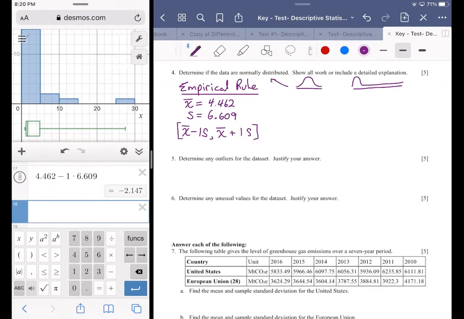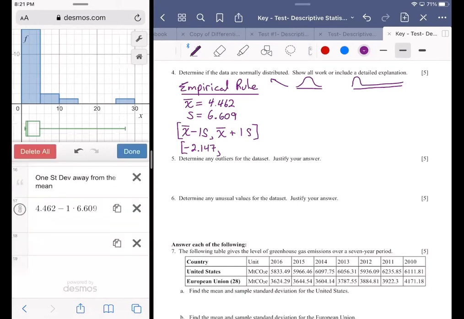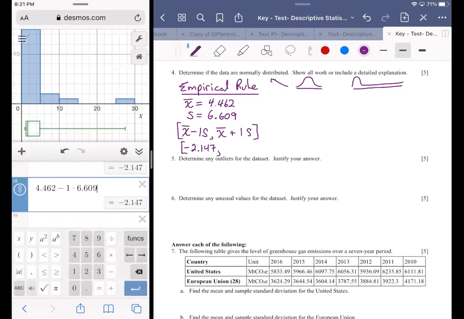So x bar minus 1 times s would be negative 2.147. Then I hit the little gear icon to duplicate, and I change the minus into a plus to get to 11.071.